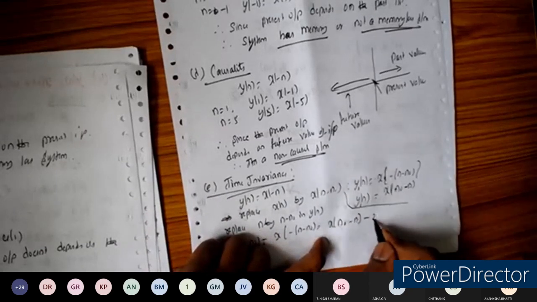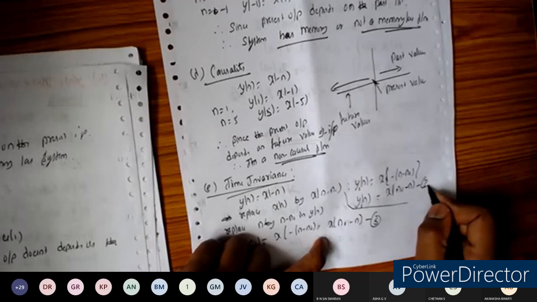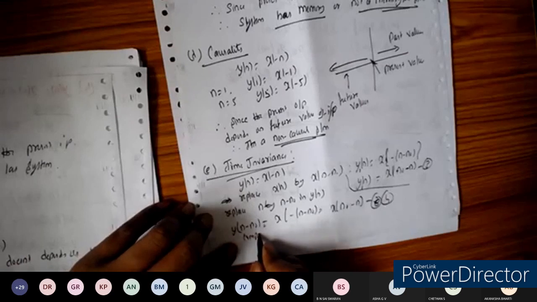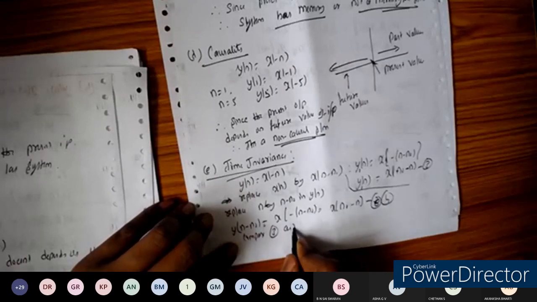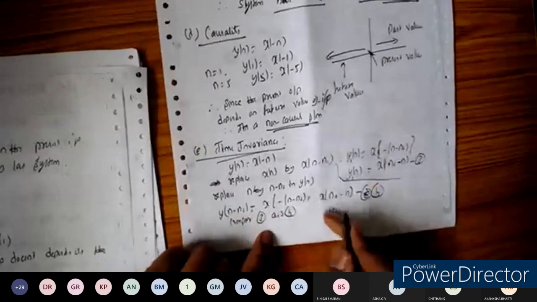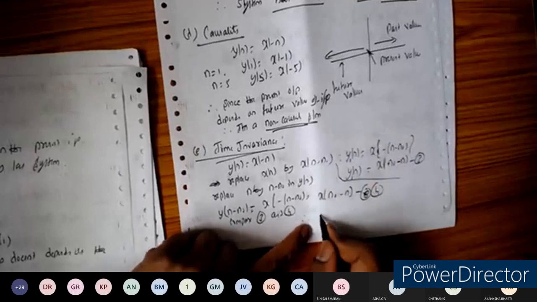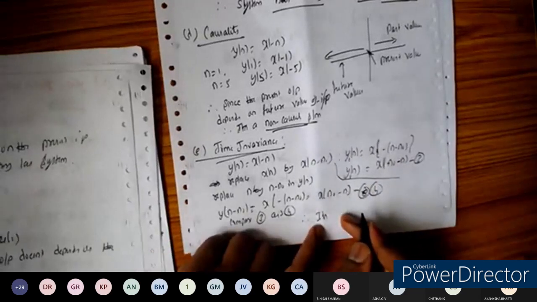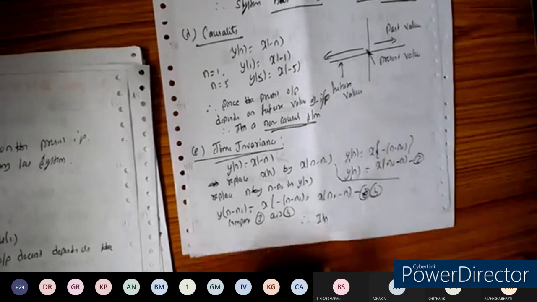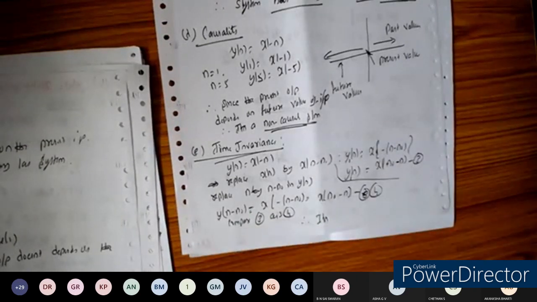Call this equation 3, and this one equation 4. Compare equations 3 and 4. Both are one and the same. Therefore, it is a time invariant system.